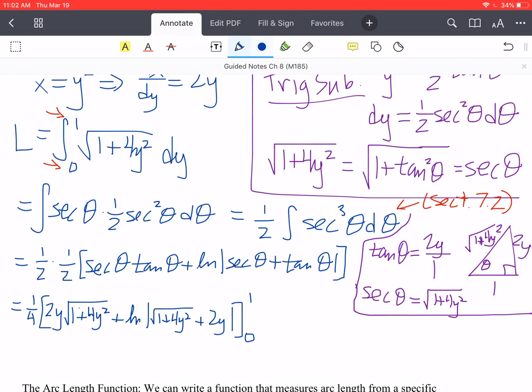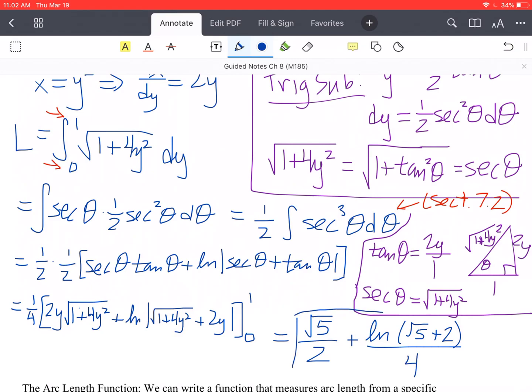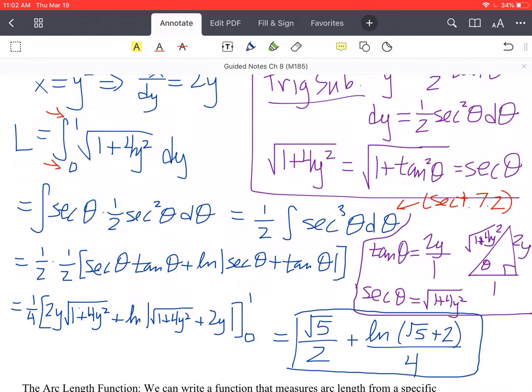And if you go ahead, evaluate those bounds using the fundamental theorem of calculus, you will get, when all is said and done, root 5 over 2 plus ln of root 5 plus 2, over 4. And that would be our arc length. That's the length of that parabola, y squared equals x, from 0, 0 to 1, 1.